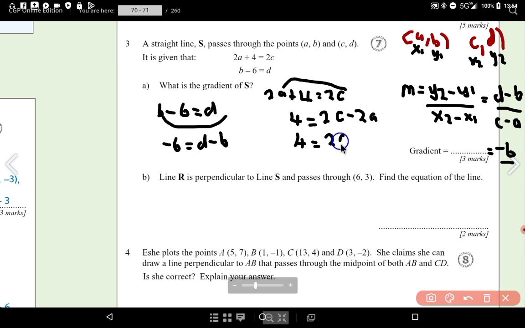Now I'm going to divide by 2. 2 into 4 is 2, so 2 is equal to c minus a. So now I know that c minus a is 2. I'm just going to put 2 here, and therefore the gradient is negative 3.